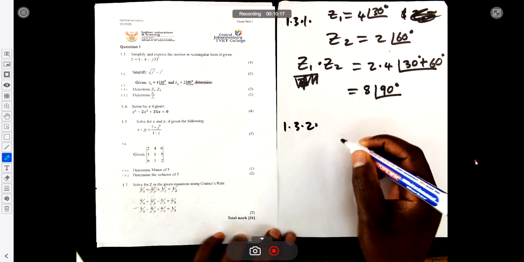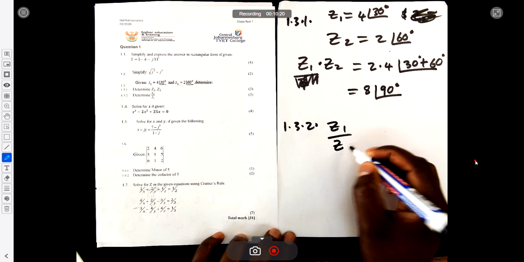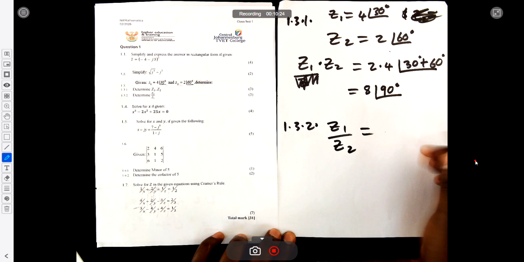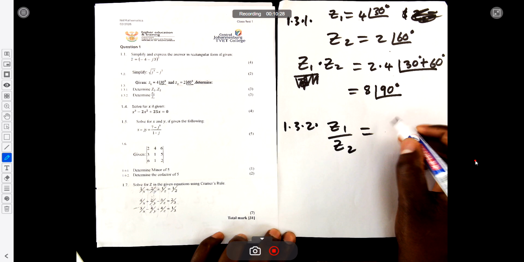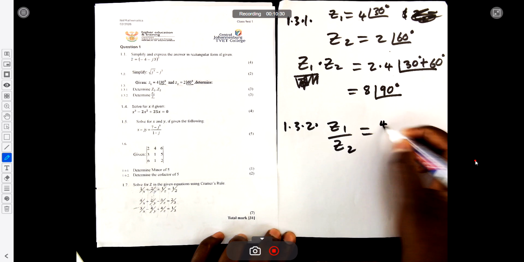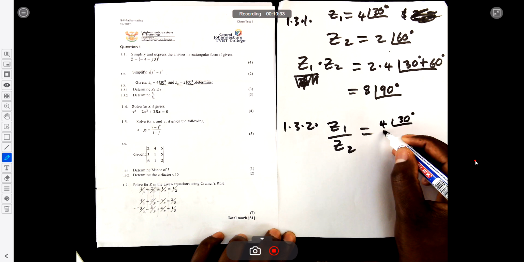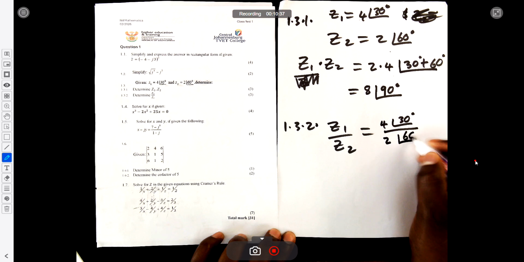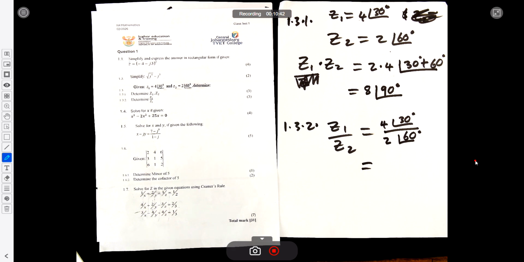In 1.3.2, we're supposed to divide Z1 by Z2. According to division in polar form, Z1 is 4 augment 30 degrees, and the other one is 2 augment 60 degrees. When we divide, we divide the r's but subtract the angles.